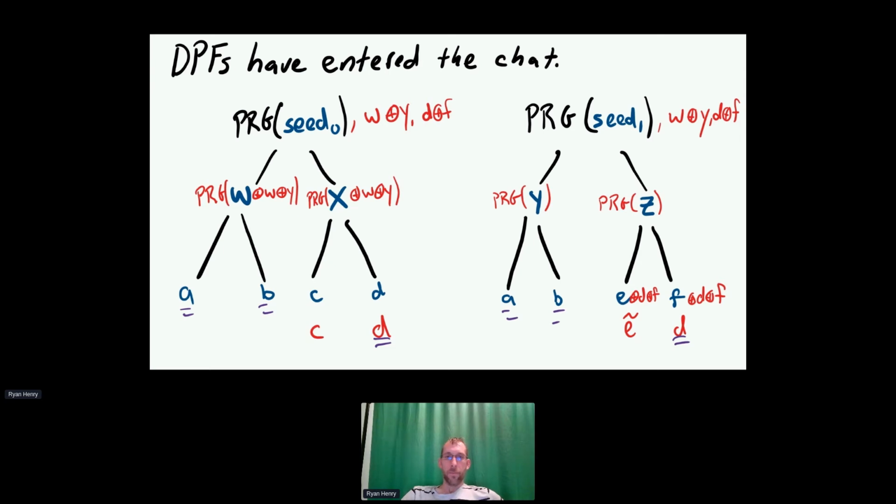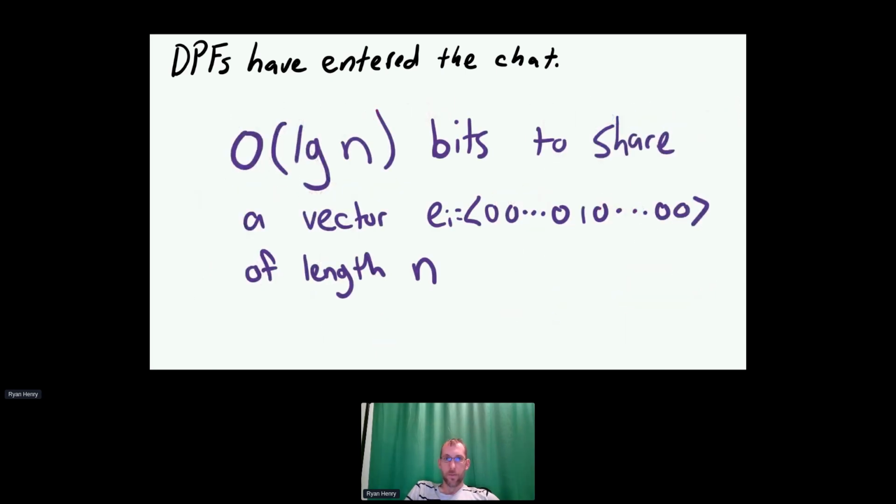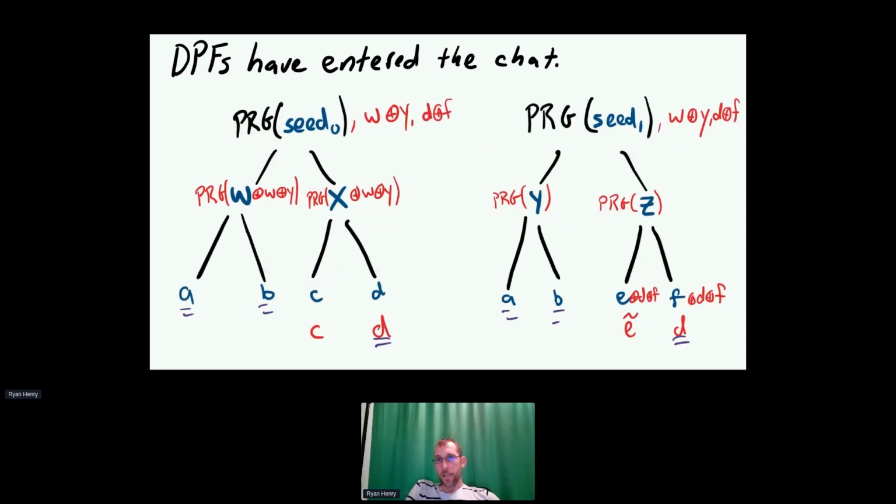What we ultimately end up with is one seed-sized value for each level of this tree. And each level of this tree doubles the number of leaves that we have. So if we want to represent an n-bit vector, then we only need log n many of these values, and each one of these values is relatively small, so the whole representation of this entire vector is pretty small, which means at least we can send it over the wire.